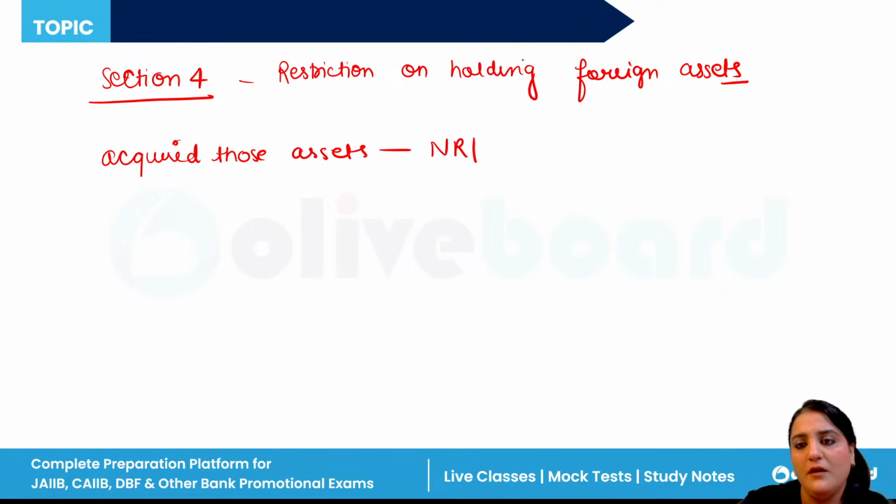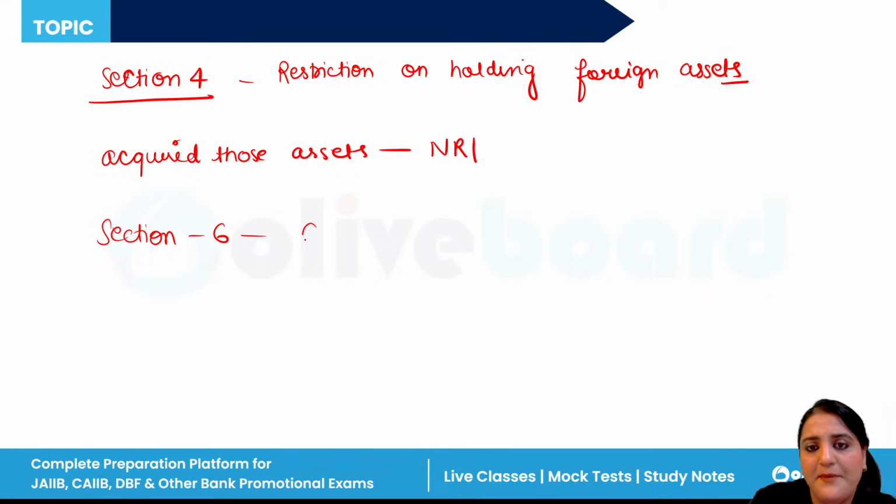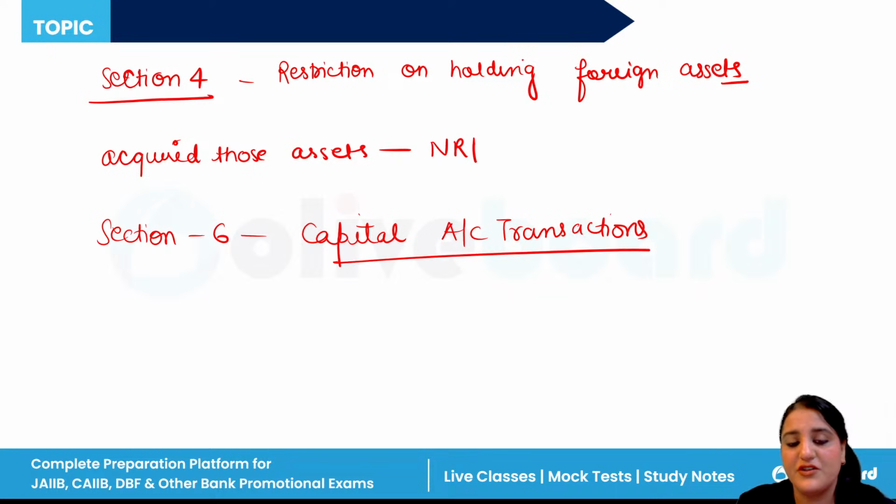Now Section 6 is related to capital account transactions. It allows the resident to buy and sell foreign exchange for permitted capital transactions, but within the same limit for everything, $2,50,000.